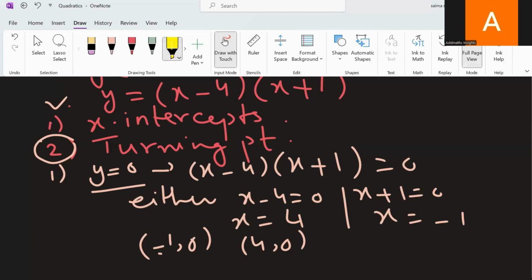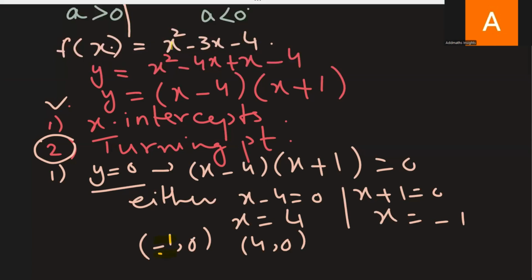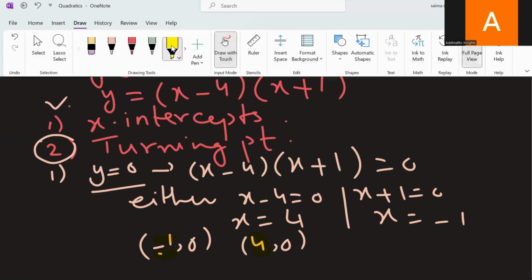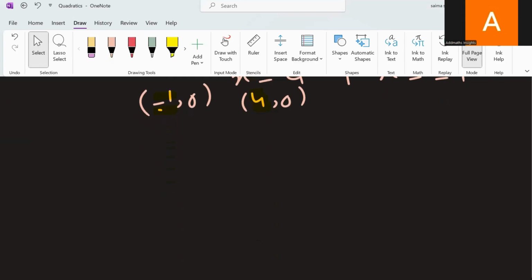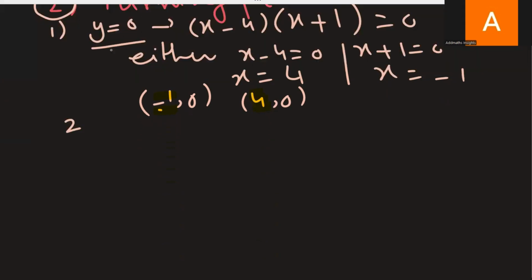Now in the second step you will find the midpoint of minus 1 and 4. It gives you the x coordinate of the turning point. So we are now finding the turning point.